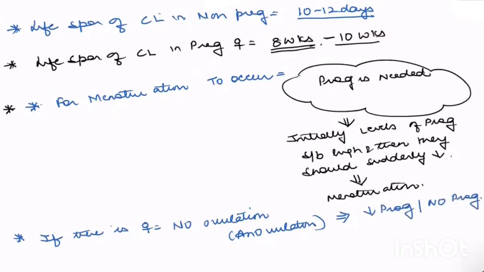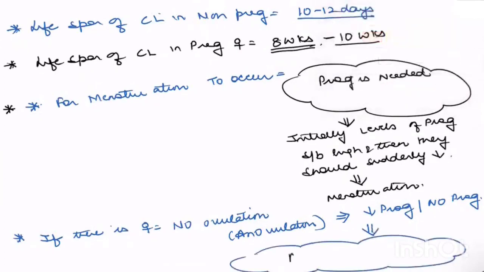So if progesterone is low from the start or there is no progesterone at all, can a female menstruate? No. For menstruation it is necessary that initially the levels of progesterone should be high and then they have to decrease, right? So in such females there is amenorrhea.